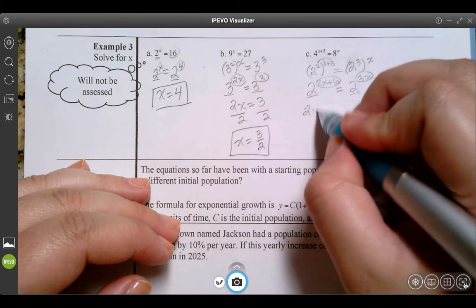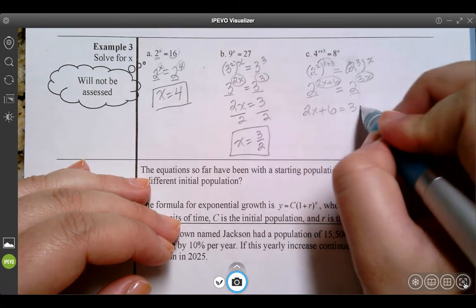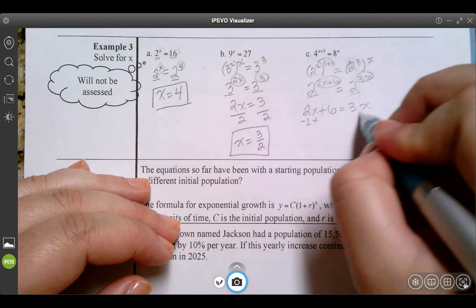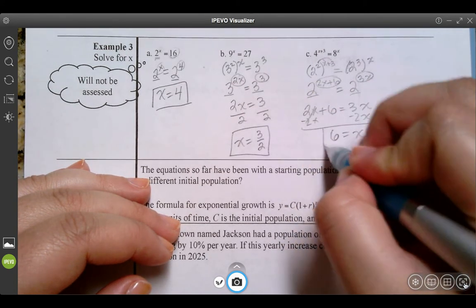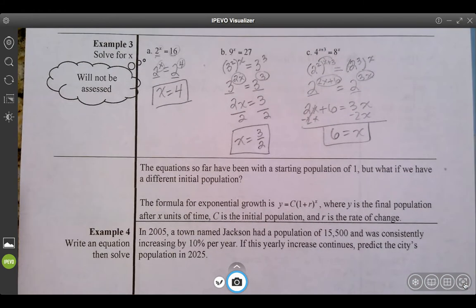So I can set 2x plus 6 equal to 3x, subtract 2x, 6 equals x. Okay, again, it won't be assessed, but it's still important for you to see that and start understanding it so that next time you see exponential functions, it will come more easily.